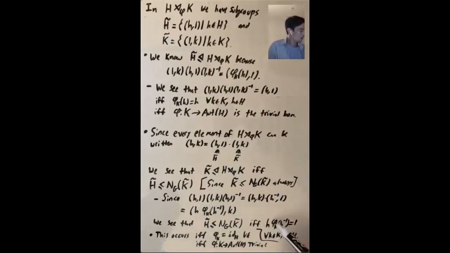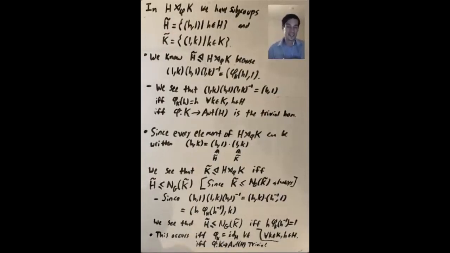And that's only true when phi K of H inverse is H inverse. So what do we need? We need it to be the case that for every little k, phi k sends every H inverse to itself. So phi k has to be the identity automorphism of H.